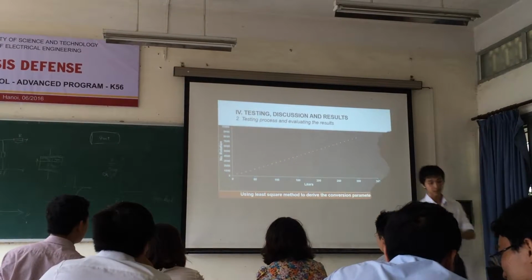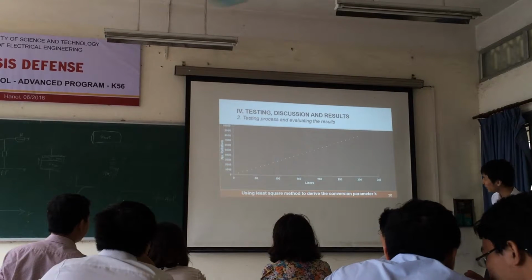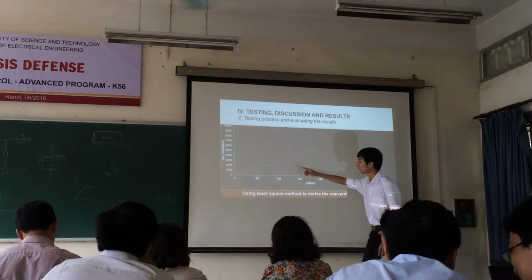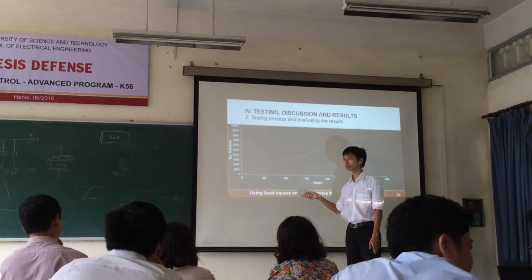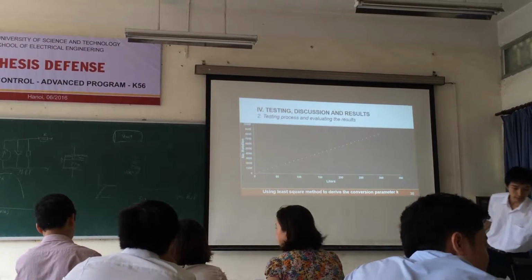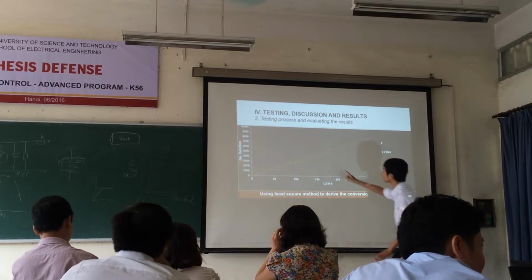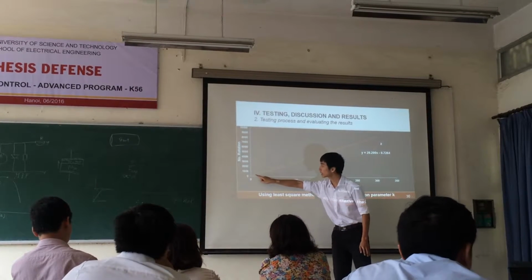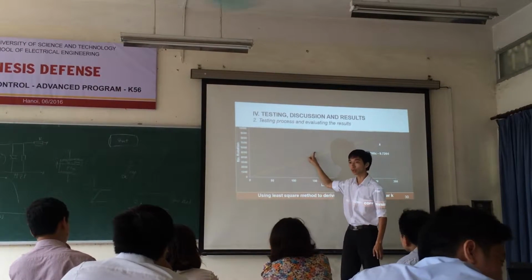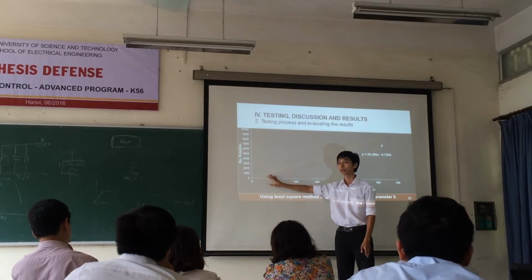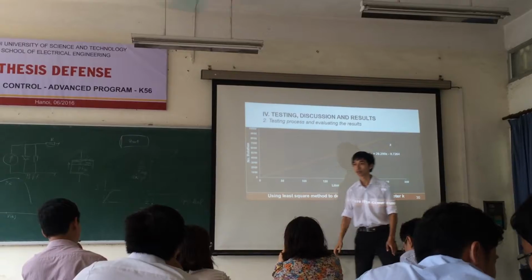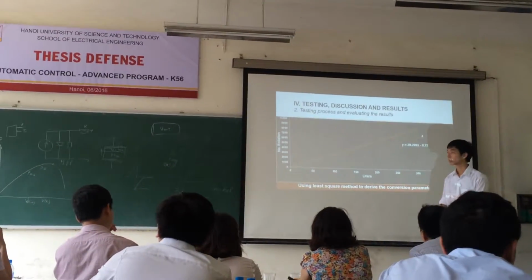This one represents the table, and from that I use the least square method to derive this. This one is a straight line, but this point here is not on the straight line. This one is a straight line. So it's not correct.